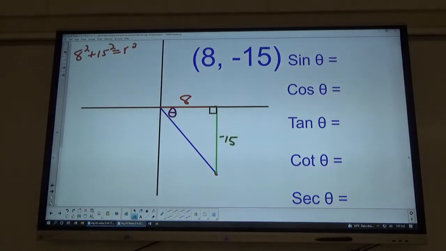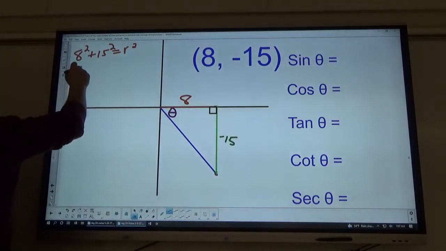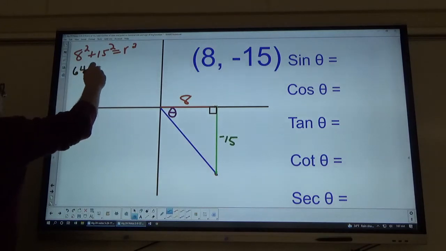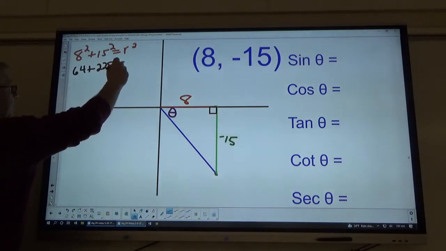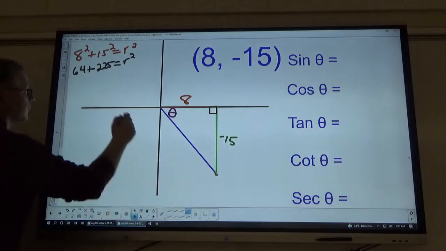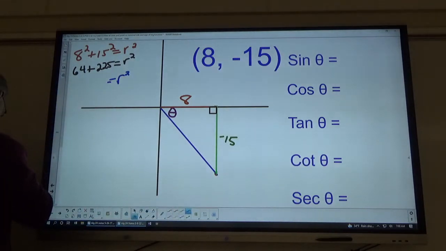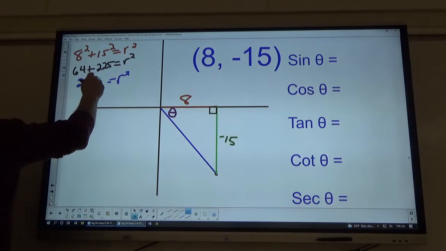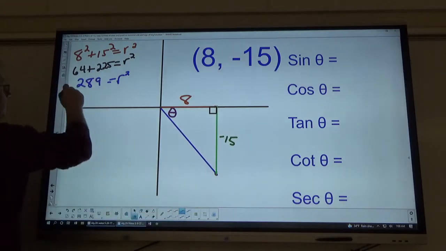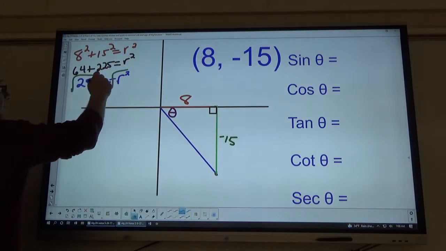So when I do this calculation, we know 8 squared is 64, 15 squared is 225, so r squared is 225 plus 64, which is 289. Then we'll square root both sides.